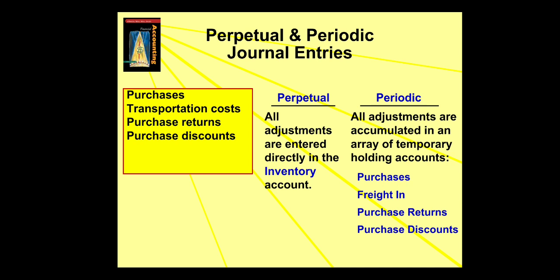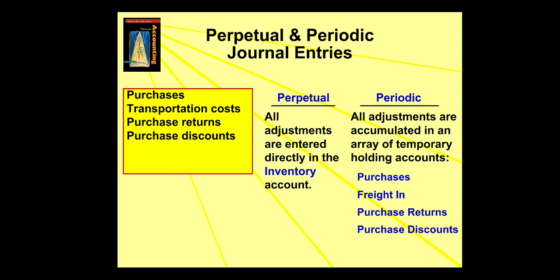In the previous lecture, you learned about the definition of inventory and the inventory recording systems, which are the perpetual system and the periodic system.